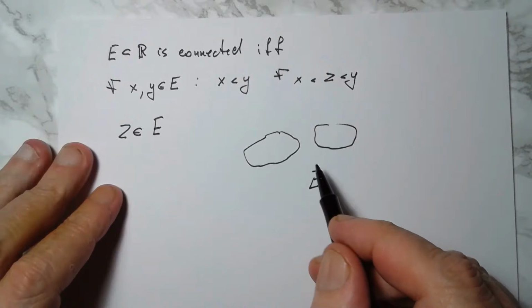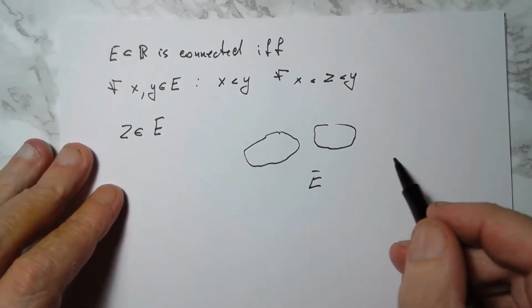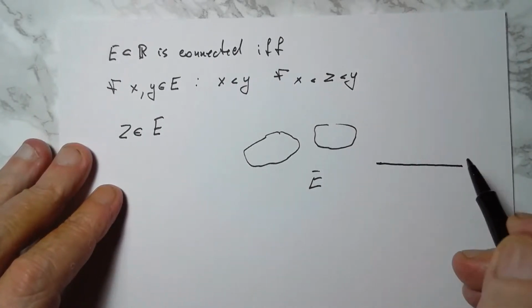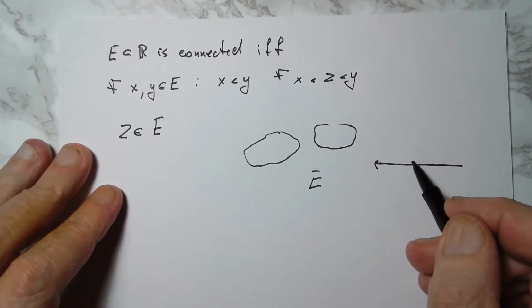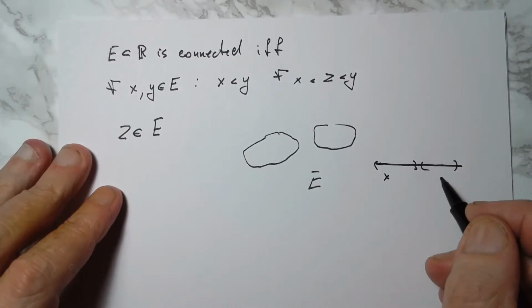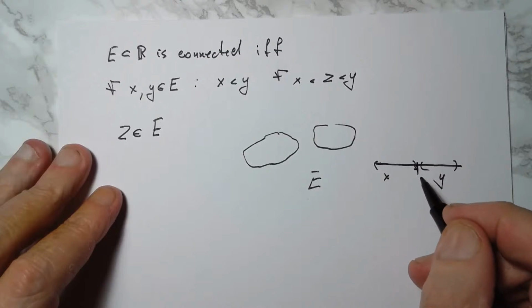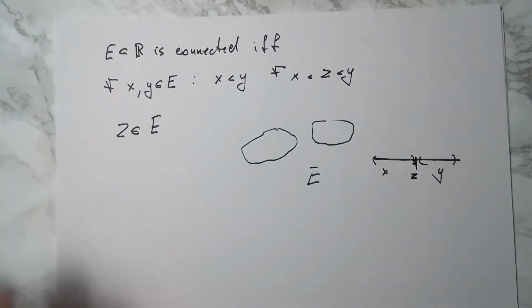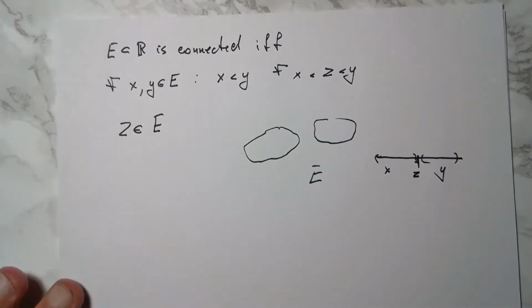Okay, so again, if you look at this picture over here, and if this is your set E, then, well, the picture has to be on a real line. So let me do a different picture. If you look at this picture over here, and you look at another picture over here, if x is in here and y is in here, there is a point z which is in between, and therefore the set is not connected.